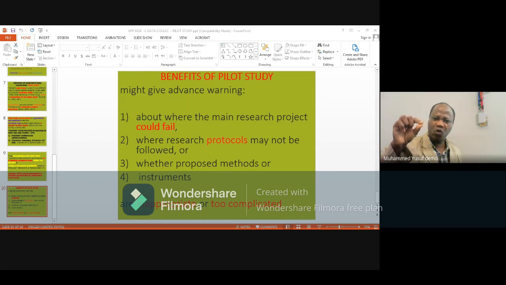It is going to tell you whether the participants are going to understand your question or not. You get the point? It's going to tell you whether some terminology in that item, in that question, in the interview protocol could create confusion, whether that terminology might be difficult for your participant to understand. At the end of the day, they may not be able to answer your question very well.